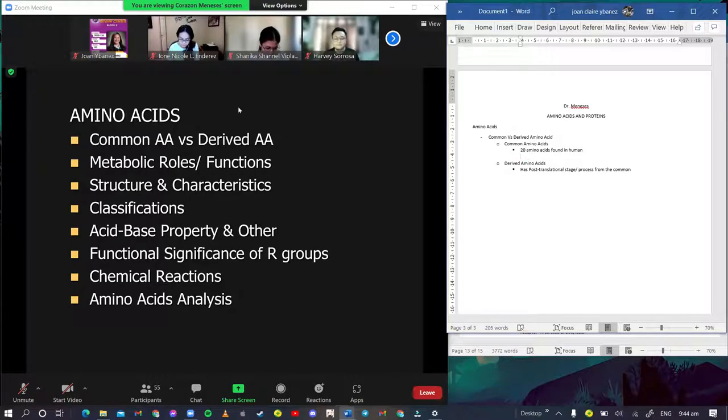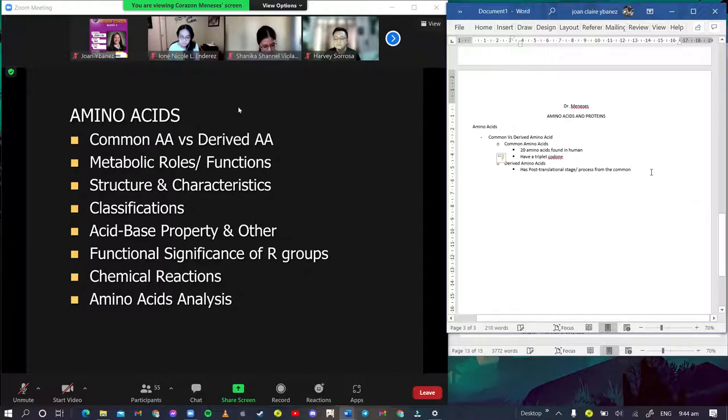While the derived amino acids are now found either in peptide or in protein, which we call the amino acid residue. These are amino acid residues found in protein that after translation undergo some transformation.